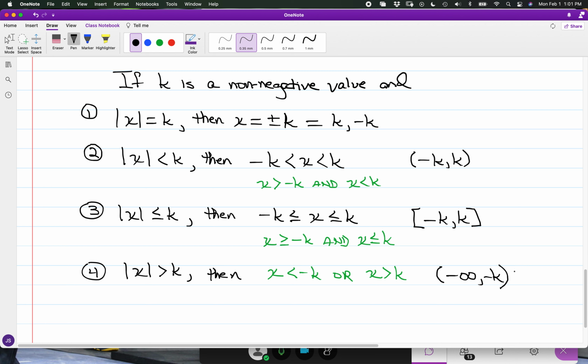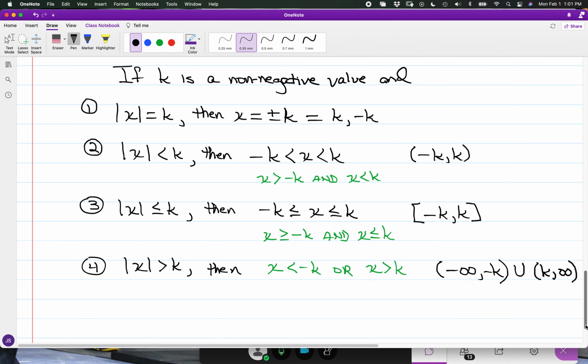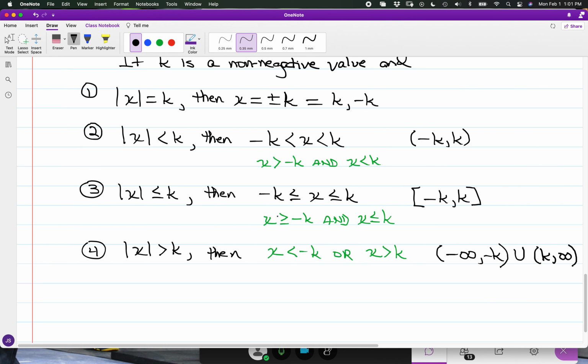Now, or, this is where the union symbol comes in, signaling that we have a bit of a detachment between the interval sections. Then we have x is greater than k, so you have a parenthesis around k, and for this second half the upper limit approaches infinity.